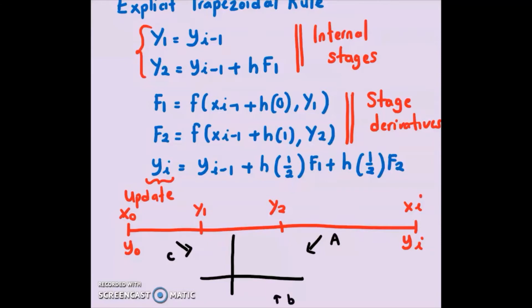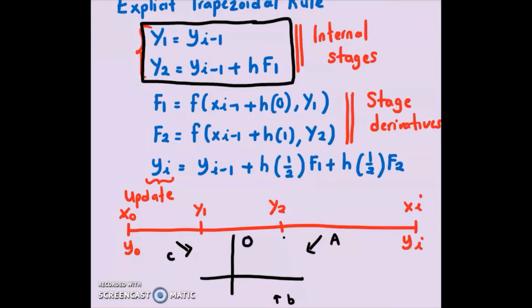A here refers to the internal stages, next to the stage derivative. There's no stage derivative in Y_1, so I have 0, 0. For Y_2, I have a coefficient of 1, next to my stage derivative F_1. So I have 1 here. And there is no F_2, so this is 0.